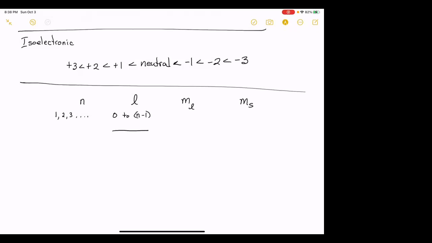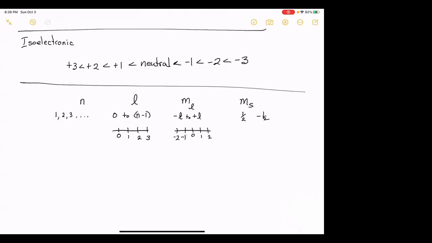So in other words, you won't ever have anything below 0, but it can go up higher depending upon what the N value was. M sub L is everything from a negative L to a plus L on a number line. So here's where you will have some negative numbers. You do not have negative numbers until you get to here. Oops, except I can't do anything in order apparently. And M sub S can either be a plus 1/2 or a negative 1/2, and that's its only choices.